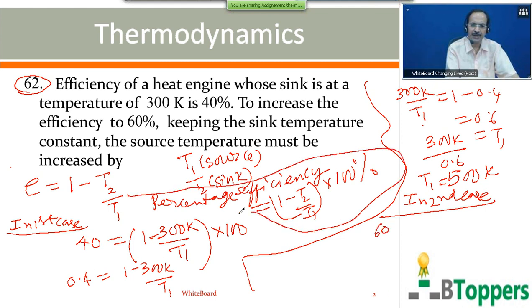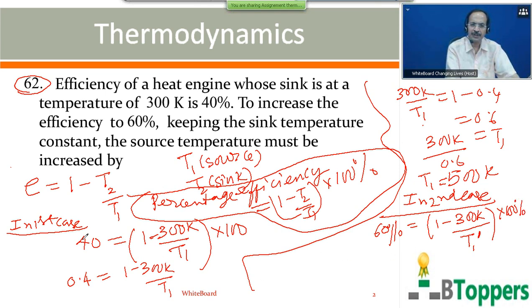Percentage efficiency equals 1 minus T2 by T1 into 100%. Second case, efficiency is 60%. Temperature of the sink is 300 Kelvin. Let T1 dash denote the new temperature of the source. In the second case, you can find T1 dash.